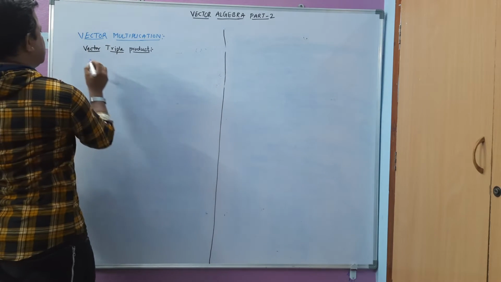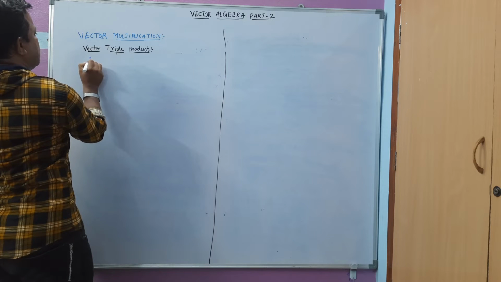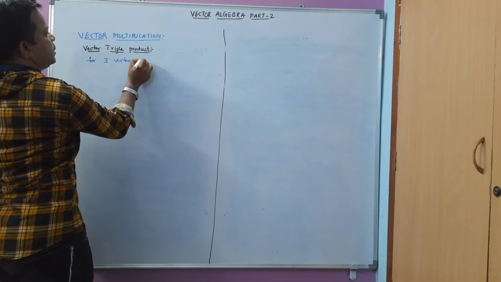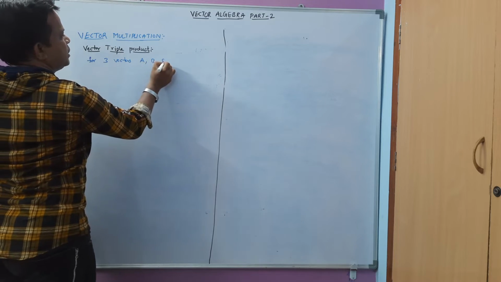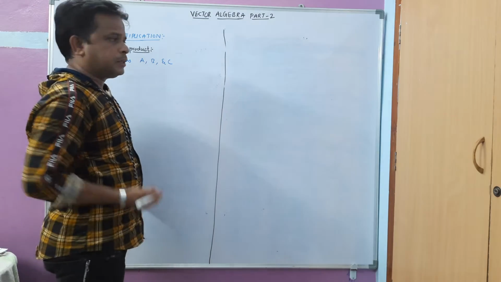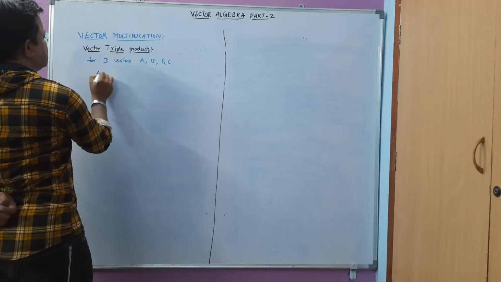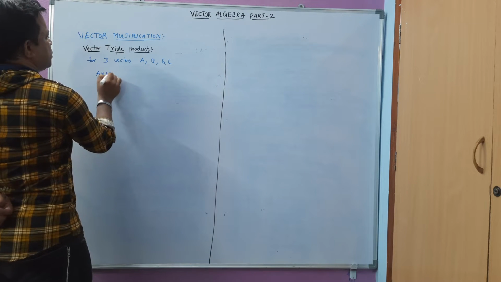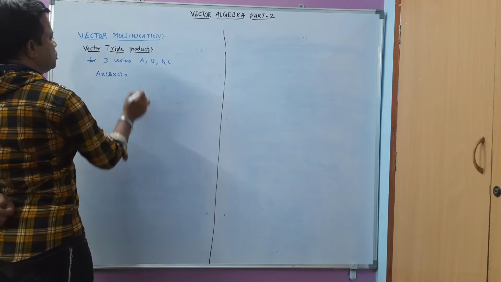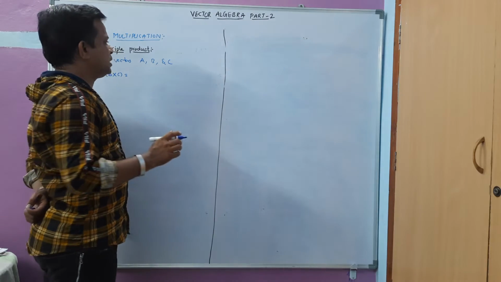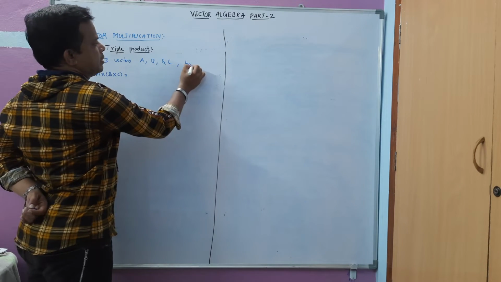For three vectors a, b and c, the vector triple product is written like this: a cross b cross c is equal to, we have a famous, well-known rule called the back cab rule.